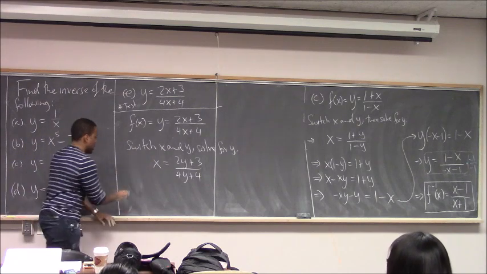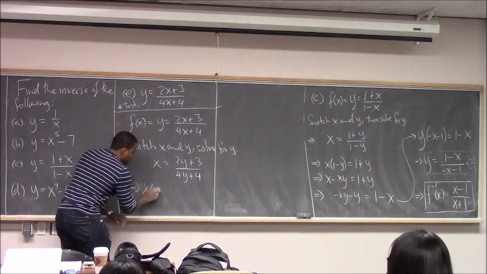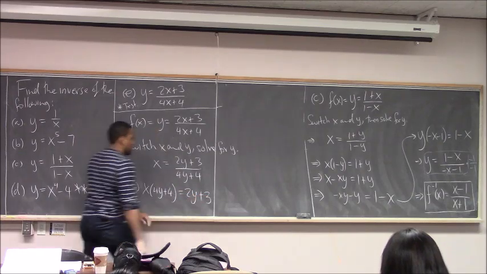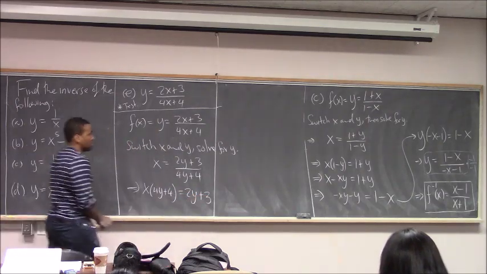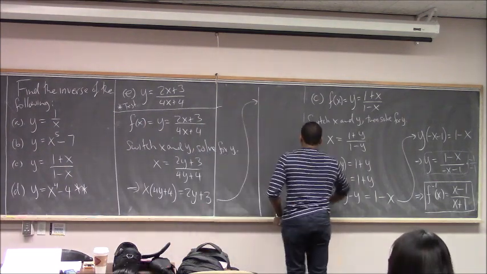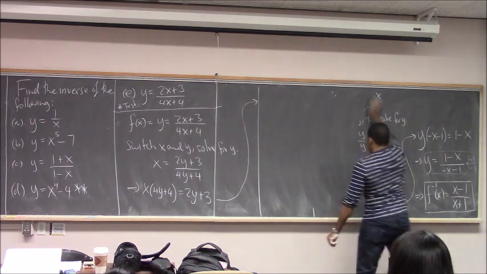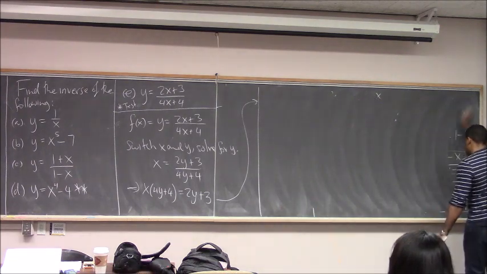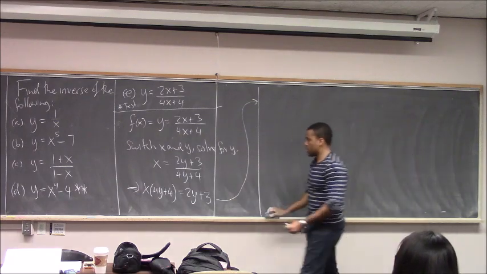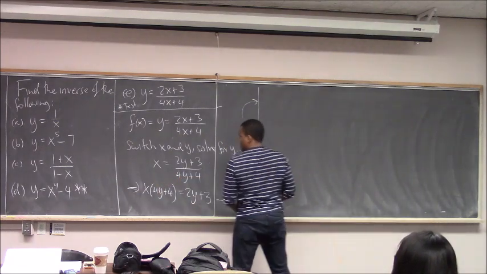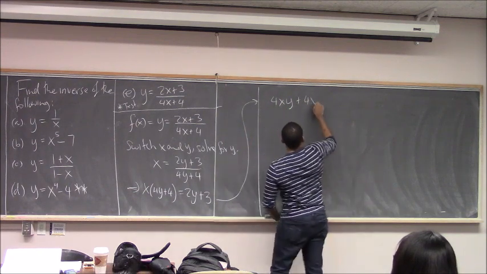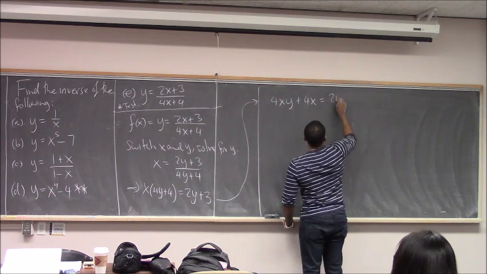I'm going to multiply both sides by 4y plus 4, and I get that. Now I'm going to expand the parentheses, so I'm going to get 4xy plus 4x equals 2y plus 3.